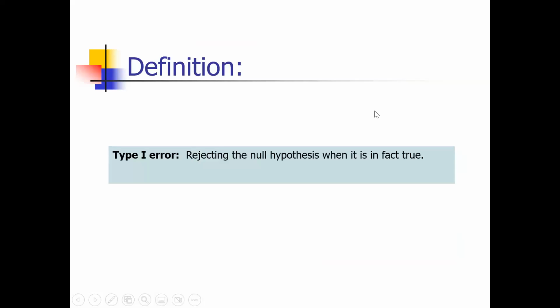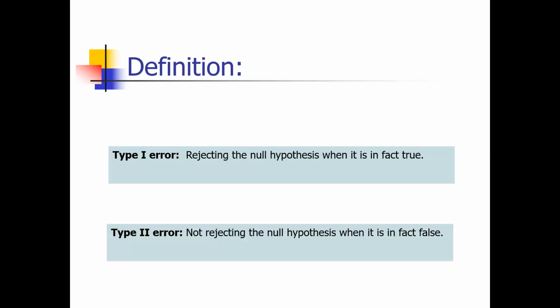So let's get back to the idea of type 1 and type 2 error. Okay. It will be a little bit confusing, but with practice, you get comfortable with it. And I have some conceptual questions on that worksheet that will help you practice, right? So whenever you reject the null hypothesis, when in fact it is true, you are making a type 1 error. And whenever you fail to reject the null hypothesis, when it is false, you're making a type 2 error.